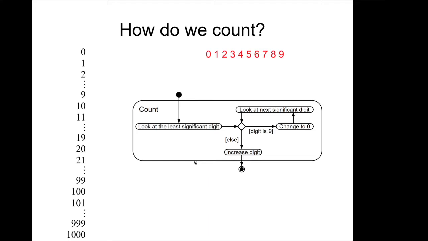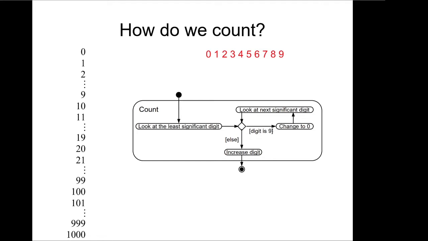So remember what the least significant digit is. For example, the least significant digit in this number would be 9, and in this number it would be 0 or 1, for example. Okay, so we look at the least significant digit and we make a choice. Either the digit is a 9 or it's something else.